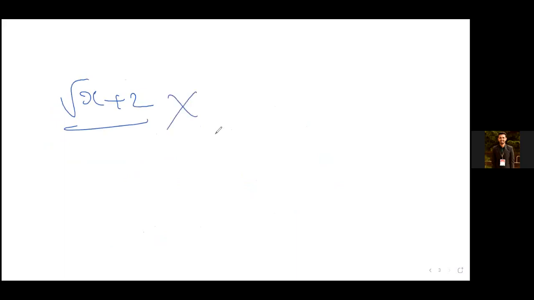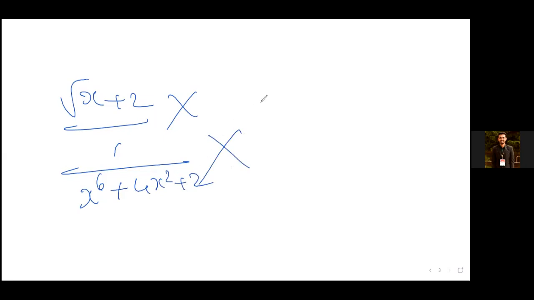This is not a polynomial. Also, 1 by x to the power 6 plus 4x square plus 2. This is also not a polynomial. Remember this. Okay. So far you guys are clear with what is a polynomial and what is degree of polynomial.